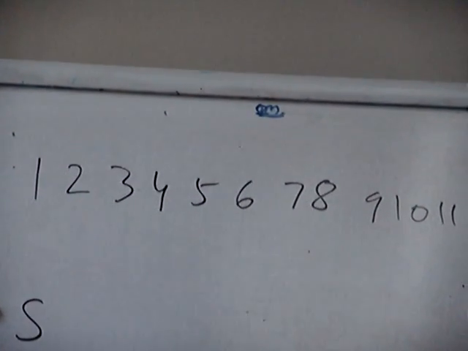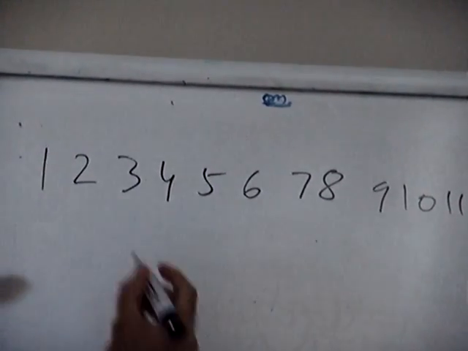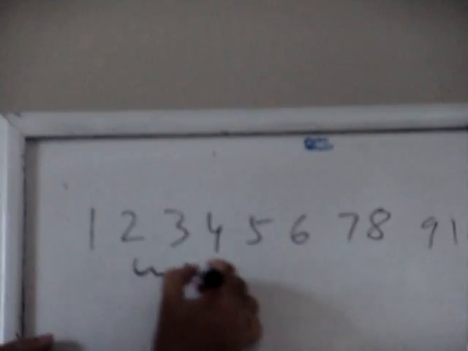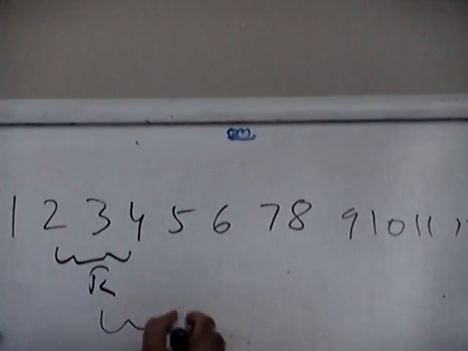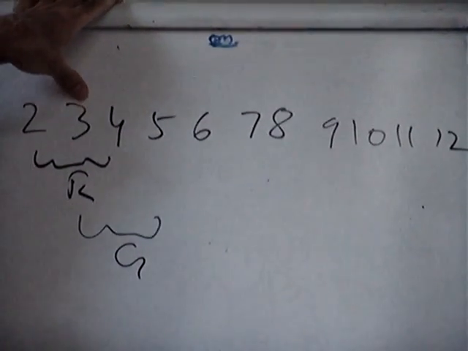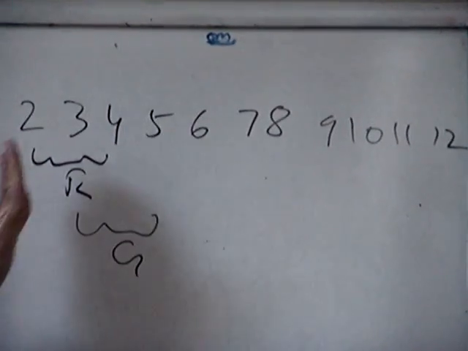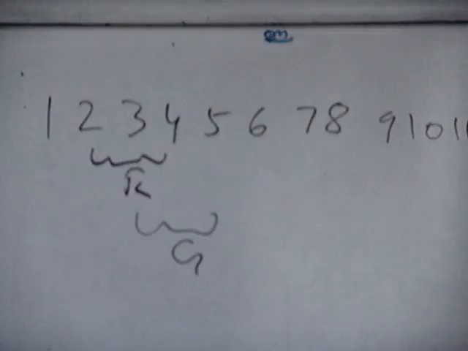I have told you that there are 72 Melakarta ragas, correct? Because re can be chosen from one of these three, 2, 3 or 4, and ga can be chosen from 3, 4, 5. So key number 3 can be re as well as a ga. If you pick key 2 as re, then 3 may become ga.